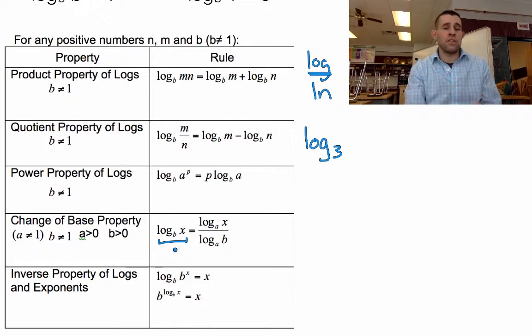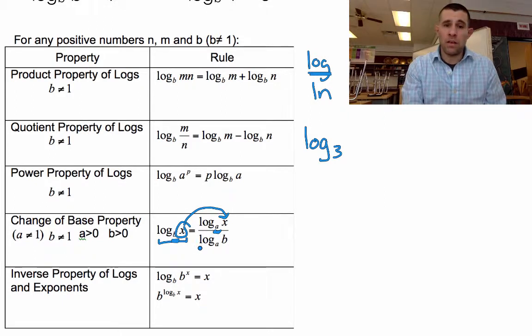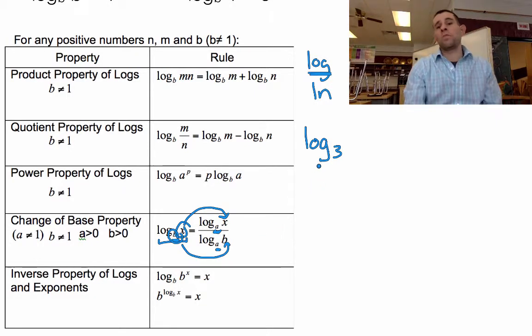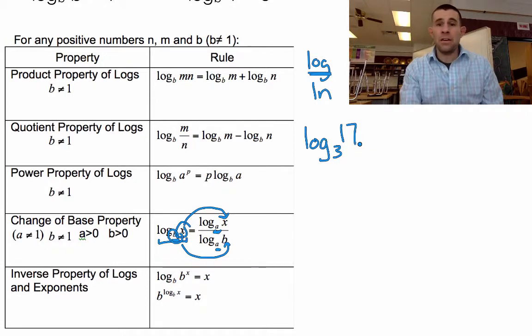You apply the change of base property, which simply says you can change the base of a log base b of x to a quotient of log base a of x, this number here comes on top and is in the numerator, divided by log base a of whatever your original base was, b, down here. So for example, if I had log base 3 of some number like 17, I don't know how to calculate that.